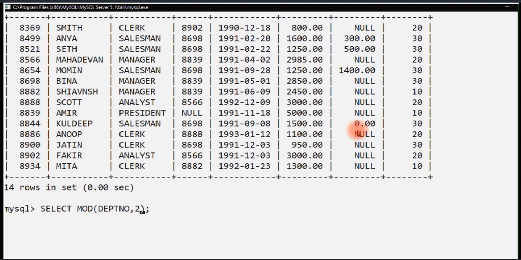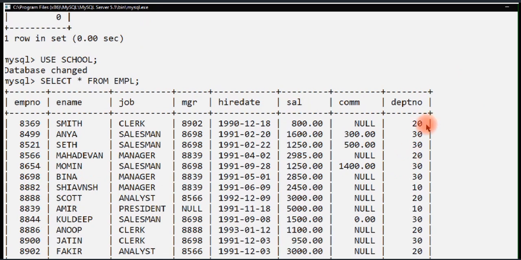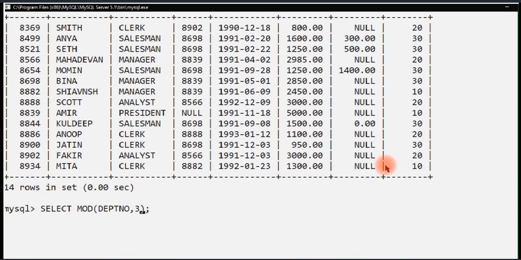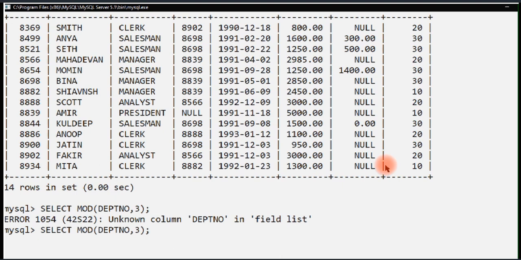So in place of 2, I am taking here 3, so we will get different values. If I am dividing 20 by 3, my remainder will be 2. 30 by 3, remainder will be 0, and again 30 by 3, remainder will be 0. We can see there is a mistake that we haven't written the name of the table.